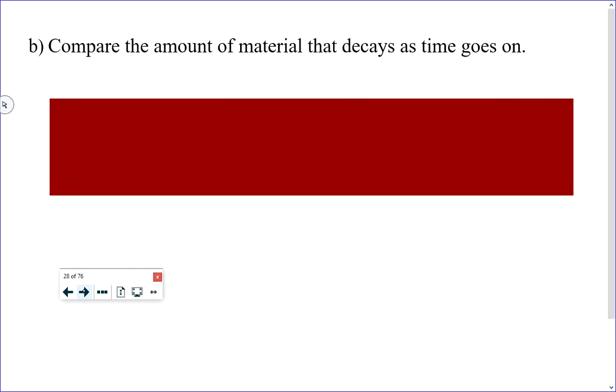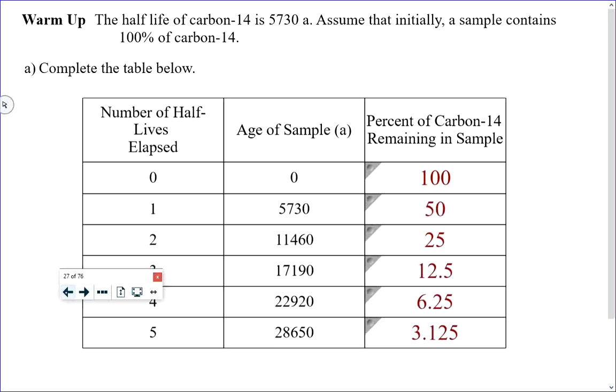So compare the amount of material that decays as time goes on. This is an interesting thing. And I don't maybe need to talk about it in Physics 30, but many of you will take calculus, and this is the basis for any type of natural growth or decay. When you take a look at the chart, in going from 0 half-lives to 1, we lose 50% of the material.